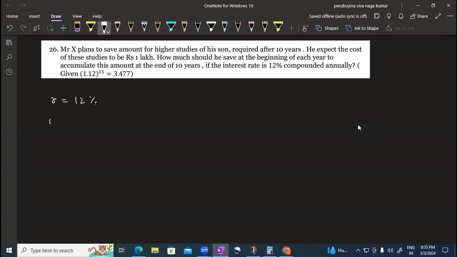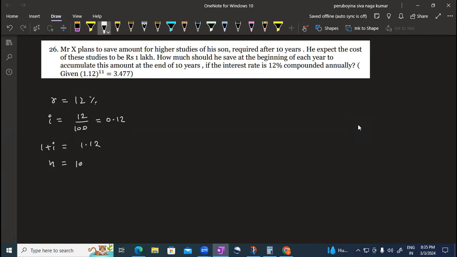So R is equal to 12%, which means the I value will be 12 by 100, that is equal to 0.12. And 1 plus I will be 1.12. It is a yearly payment, and the N value is 10 years.